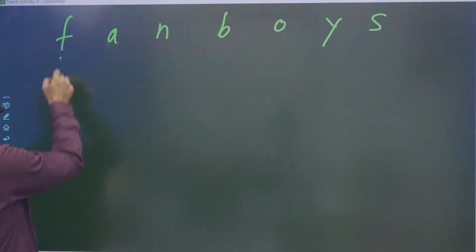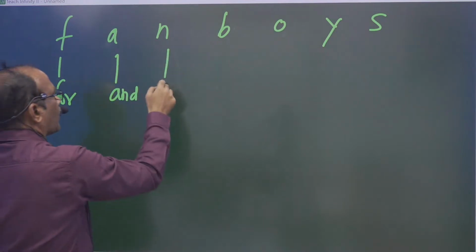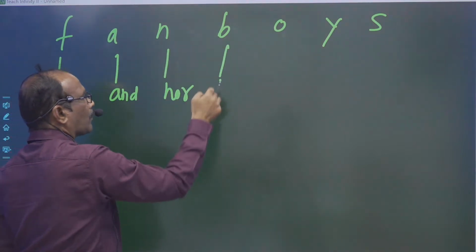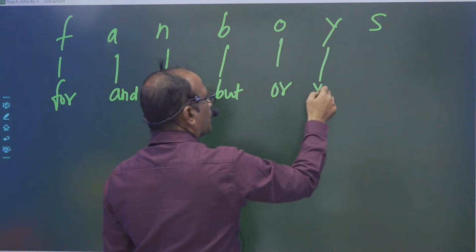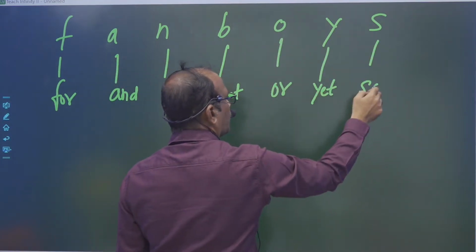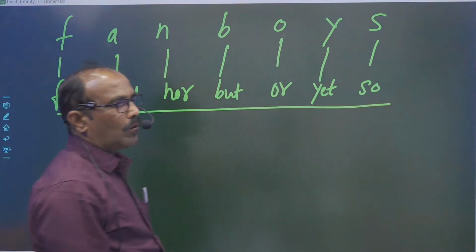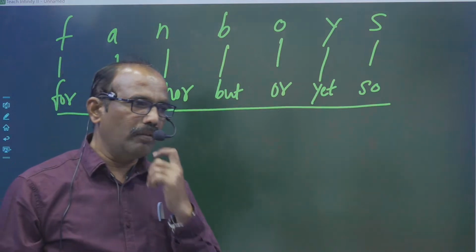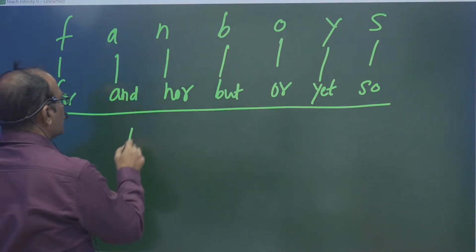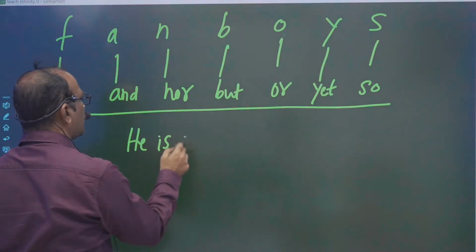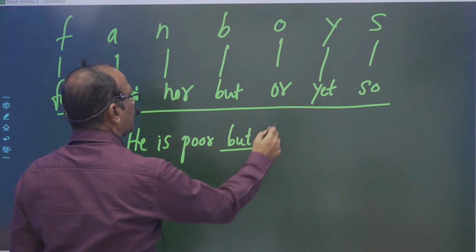F for for, A for and, N for nor, B for but, O for or, Y for yet, and S for so. So these are the 7 important coordinating conjunctions. Look at this. He is poor, but he is very honest.